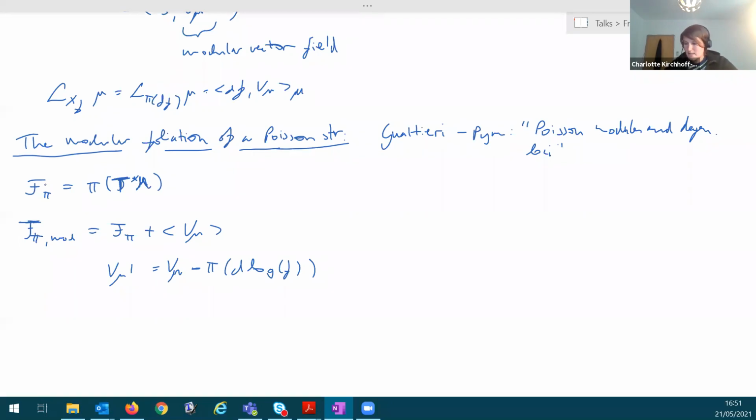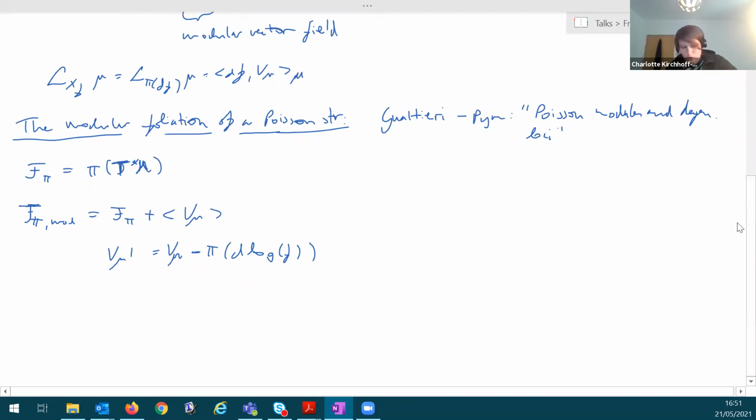So here's an interesting fact that we do know about the modular foliation. This is a result of Ralph in his preprint Poisson structures of divisor type.